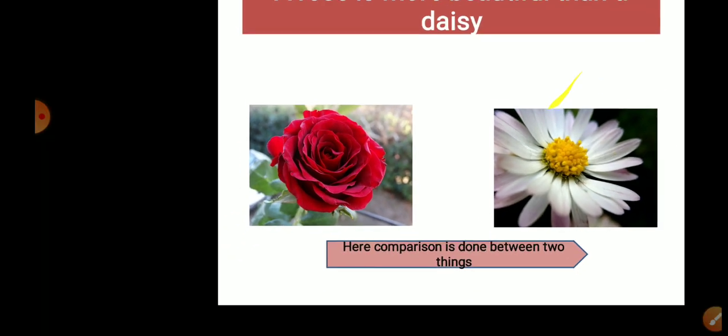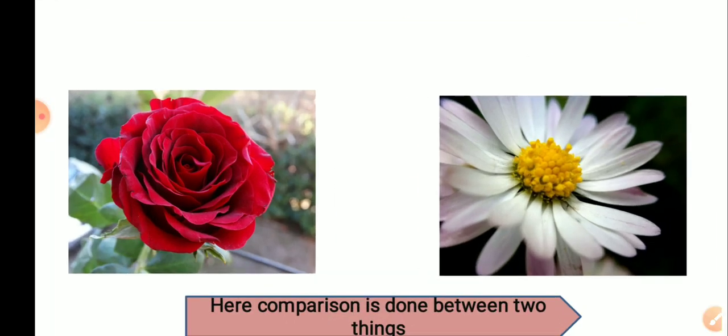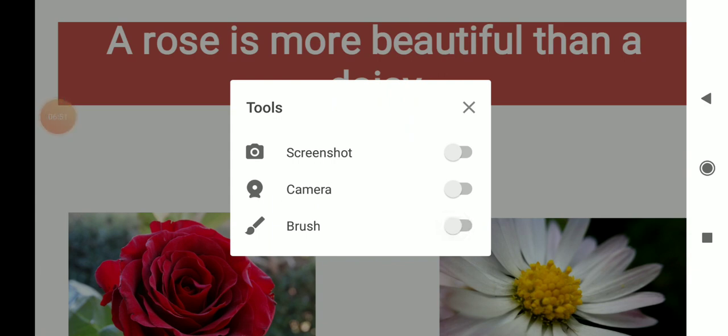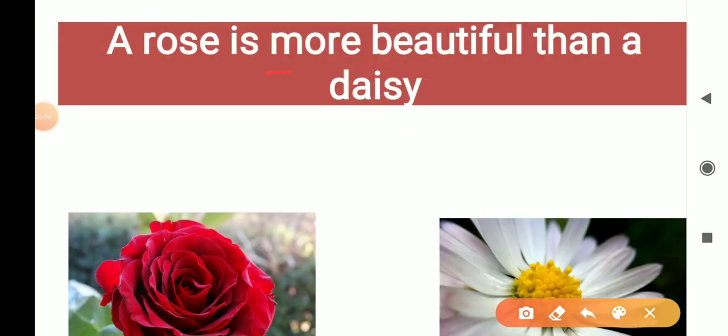So for the comparison purpose, which word have we used? See, more beautiful. This word tells us about the greater degree than positive degree, as we are comparing between rose and daisy.